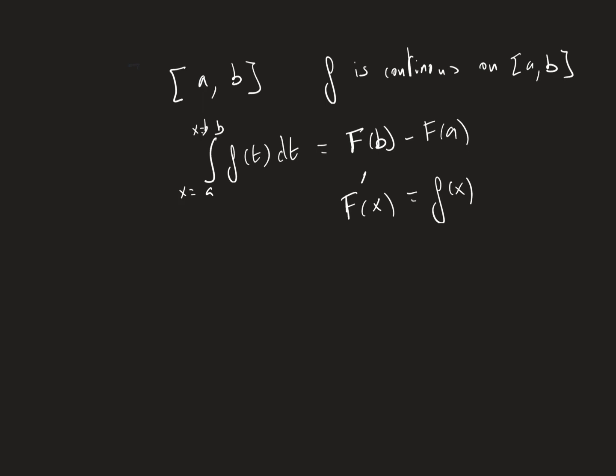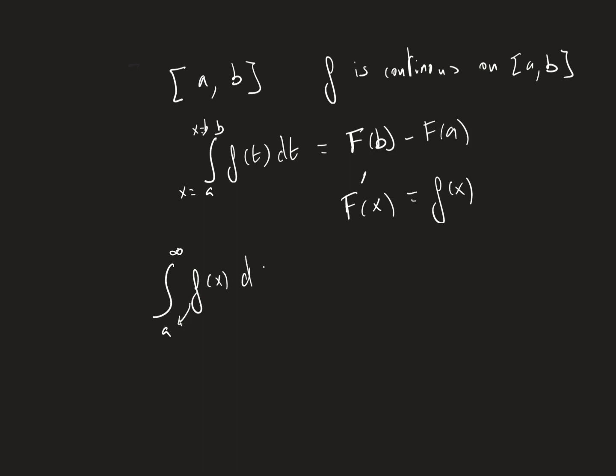Now we want to make integrals where the interval is from a to infinity, so it's not a finite interval, and we want to find the integral of functions that maybe are not continuous at the point a.